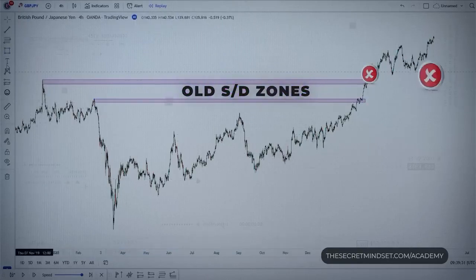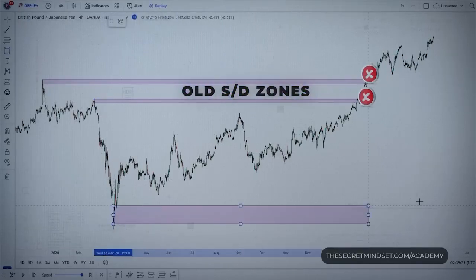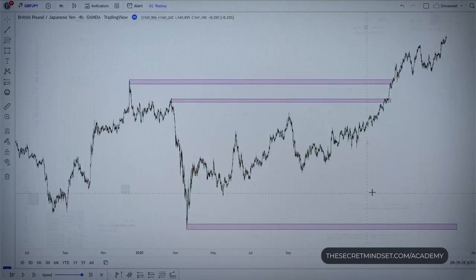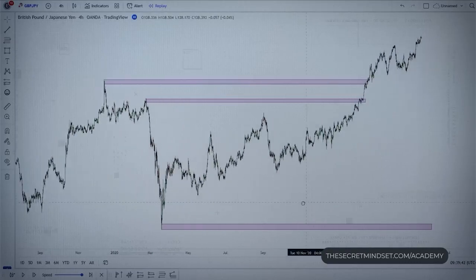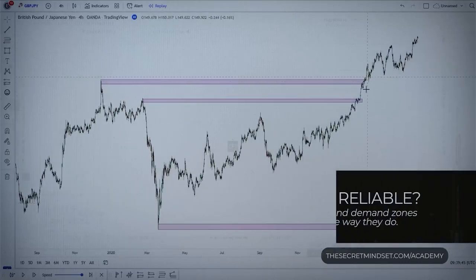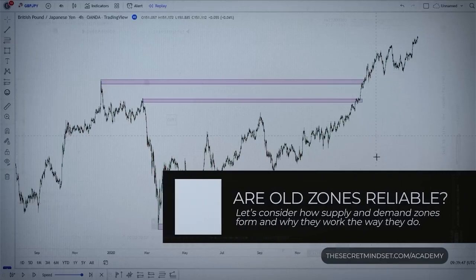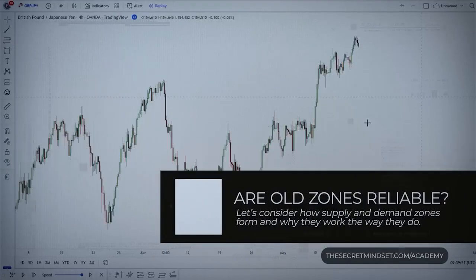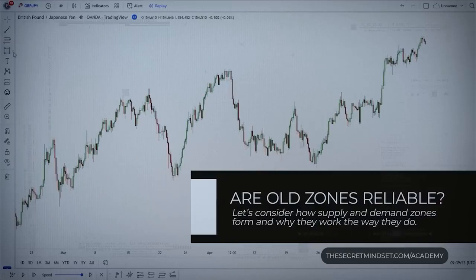And when you look at the charts, you may think this is true. Old zones cause reversals all the time. If you go back weeks, months, or even years on your charts, you will find old zones that have caused price to reverse. But let's consider how supply and demand zones form and why they work the way they do.